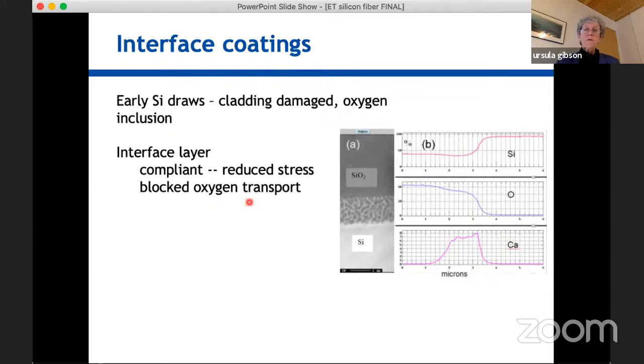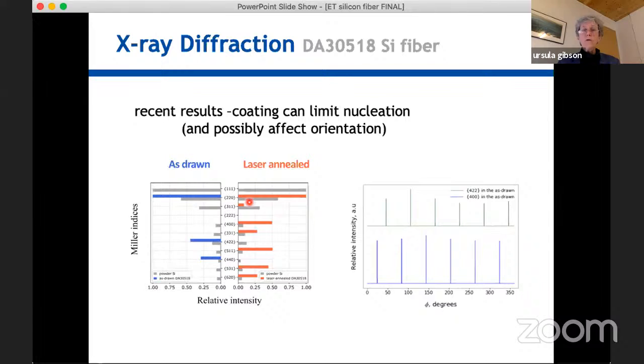This, for our purposes of optical transmission, has made a huge difference, but I expect that all sorts of other properties go along with the optical properties. And this is a recent result using a different coating. And what you can see is that even as drawn, there are very few Bragg peaks.